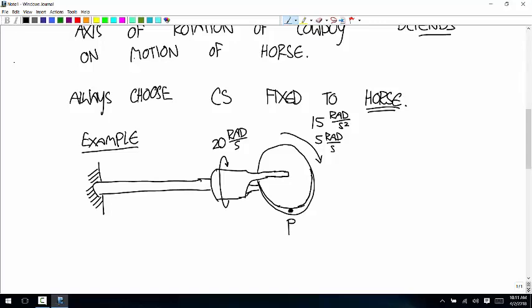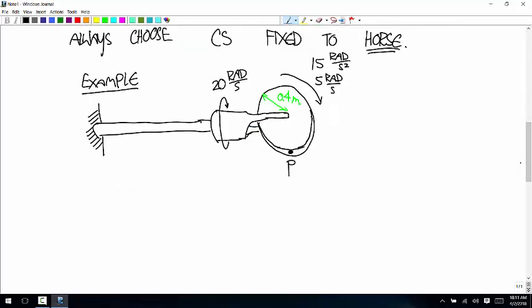The radius of this disc is 0.4 meters. And we want to calculate, well, let's get the velocity.